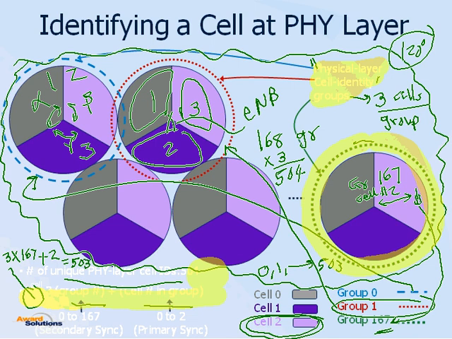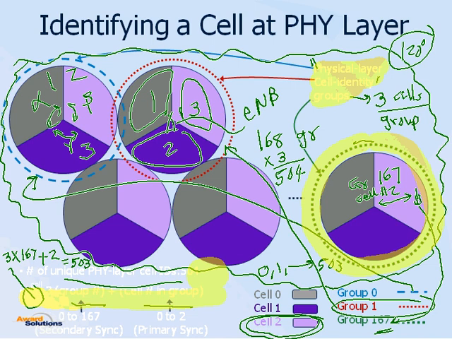So in summary, a UE will need to identify the cell out of 504 cell IDs. The way to get that is to find the group number and find the cell number within that group. Once you know both, you are able to find out exactly in which cell you currently are. This is how we identify the cell, the physical layer cell ID. Think of this cell ID like your PN offset.